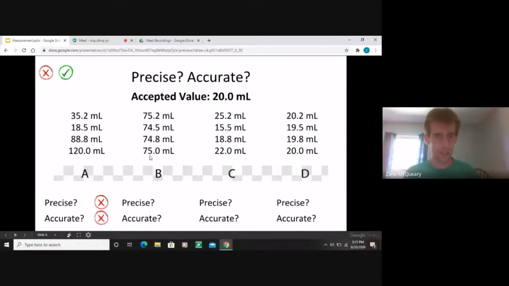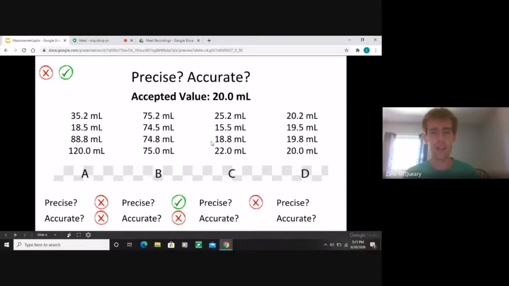These guys over here are pretty clumped together, so they're pretty precise. But 75 and 74 are a lot different than 20, so they're not accurate. C over here, the average is right around 20, but the precision's not good. There's a lot of leeway in this, a lot of standard deviation.